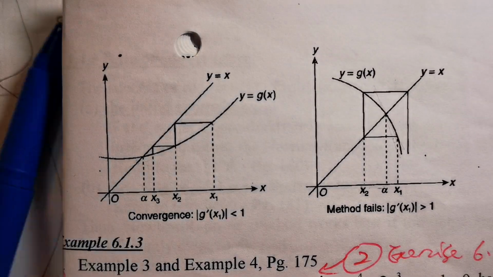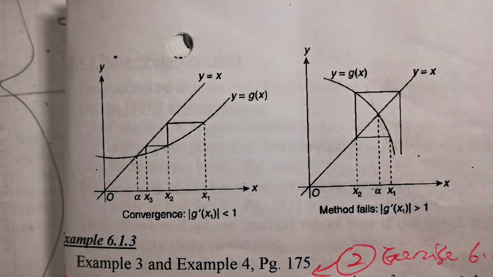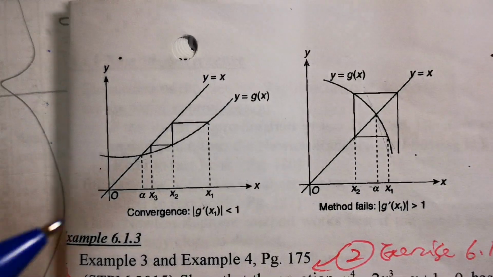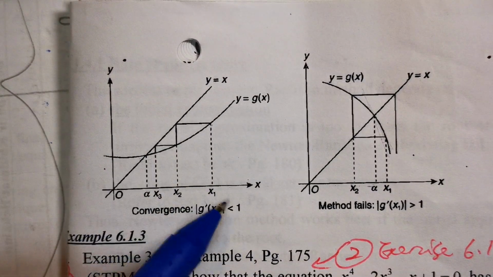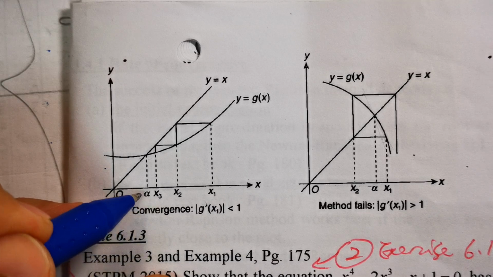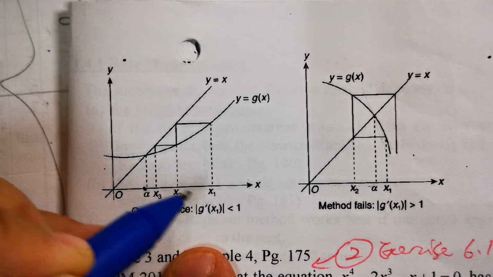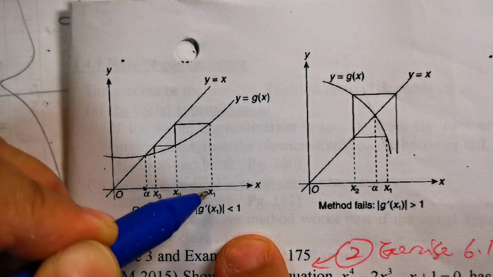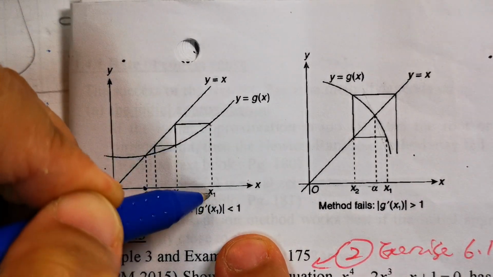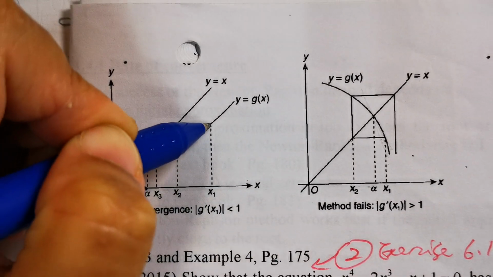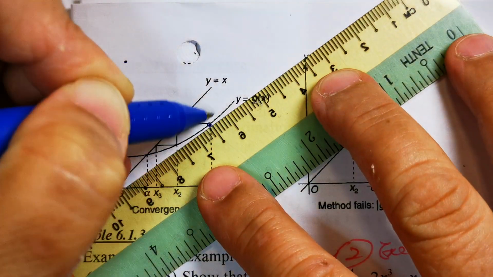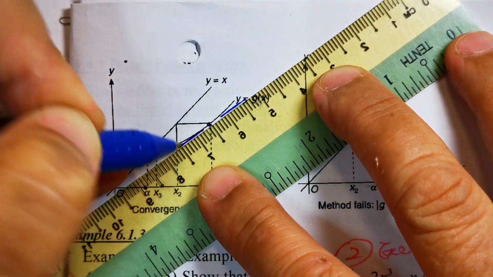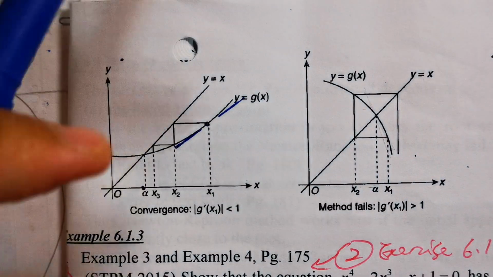Okay. Alright. So you see, the first example, this is the actual root. This is the actual root. This is our first approximation, x1. Alright. So you see at this first approximation, this point, you see the tangent? Yeah, the tangent is very clear, is less than 1, less than this.